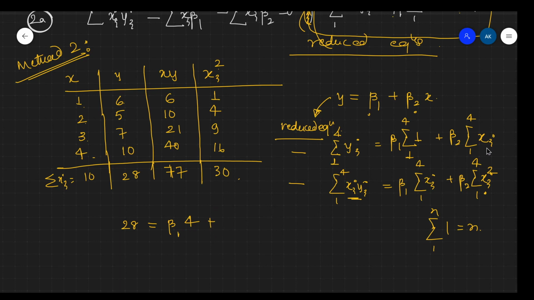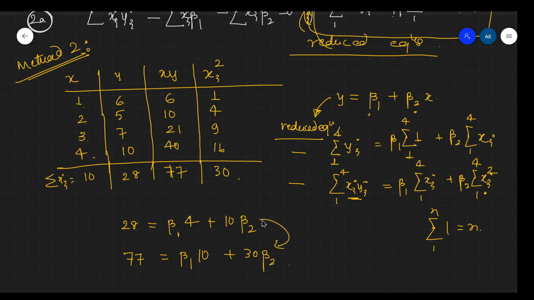plus beta 2 summation xi, 10 beta 2. Second thing will be this one, summation xi yi, 77, is equal to beta 1 summation xi, 10, plus beta 2 summation xi square, 30 beta 2.